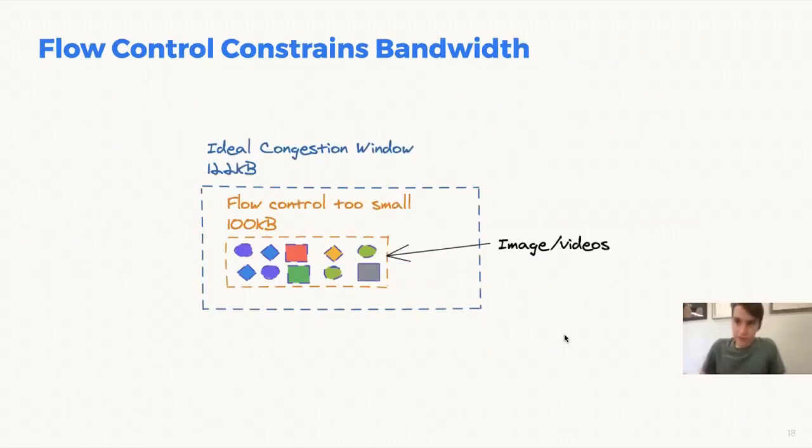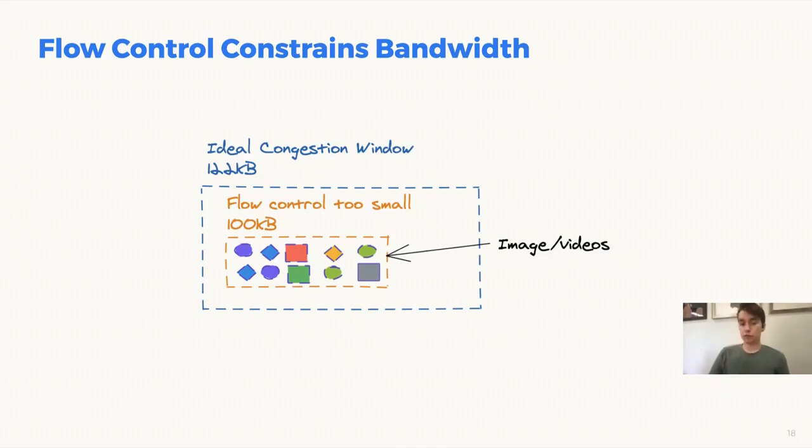One way to visualize this is to go back to that ideal congestion window idea, which is, for that 10 megabit per second link at 100 milliseconds RTT, we want to have ideally 122 kilobytes of data available in order to maximize that throughput. But the flow control, if you remember, limits the sender from sending more than a set amount of data.